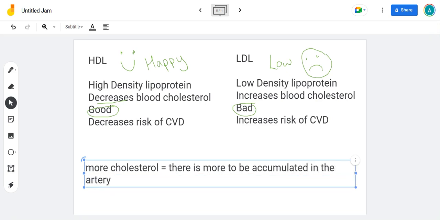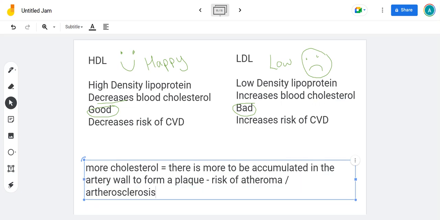Remember how I always have to say in the artery wall, not just in the artery, with the really specific language, to form a plaque. There's a risk of atheroma, which is obviously called atherosclerosis.